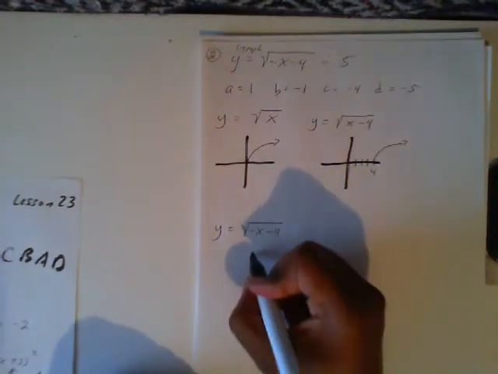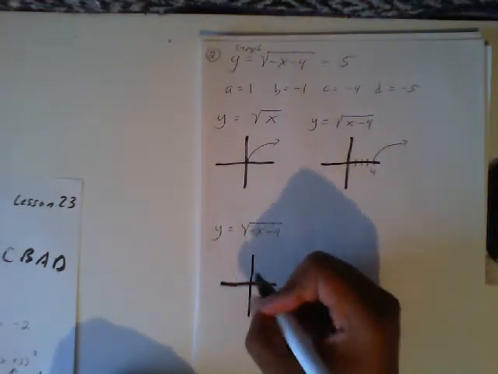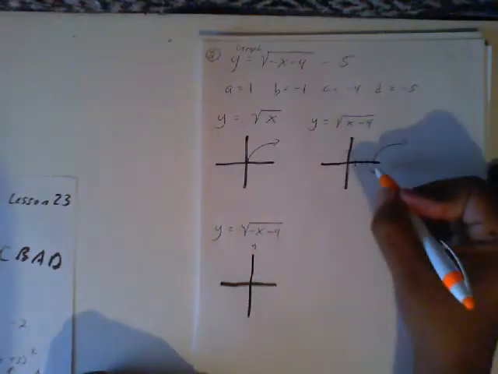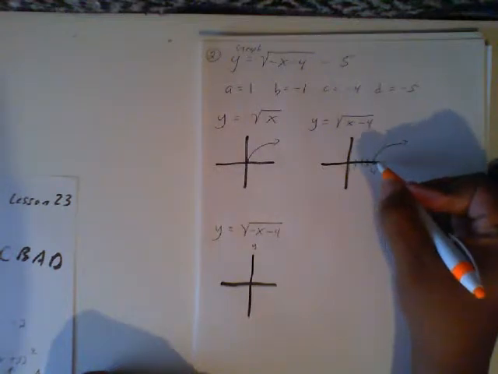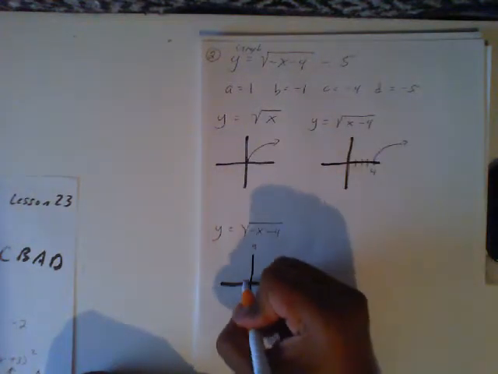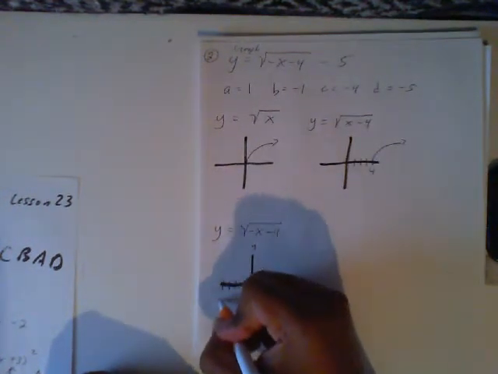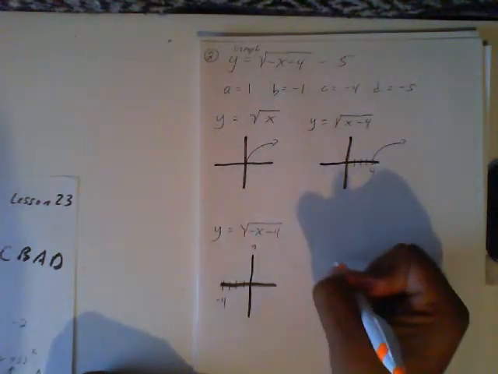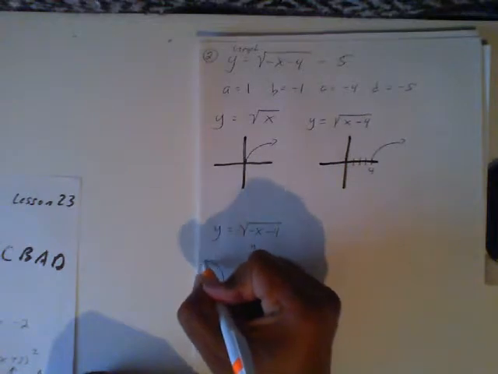Now, with a negative B parameter, this is going to give you a reflection about the y-axis. So here's the y-axis here. And currently we're over here at 4, so we're going to reflect over here to negative 4. 1, 2, 3, and negative 4 is there. And instead of going to the right, it will now go to the left.